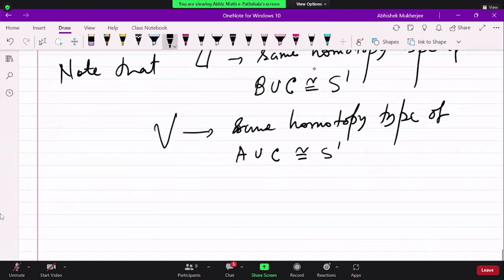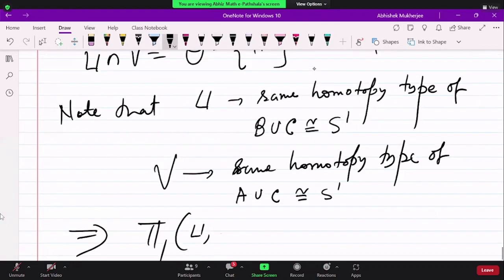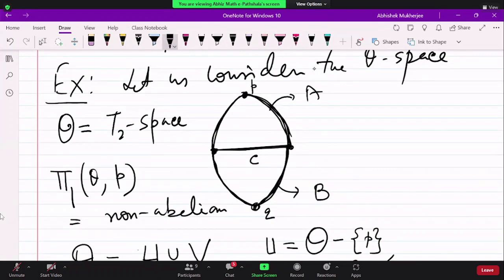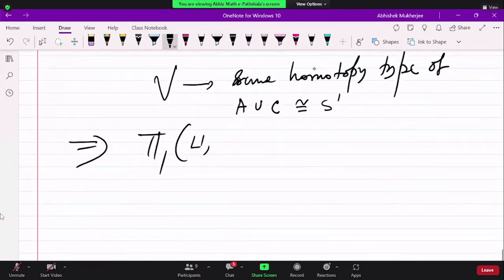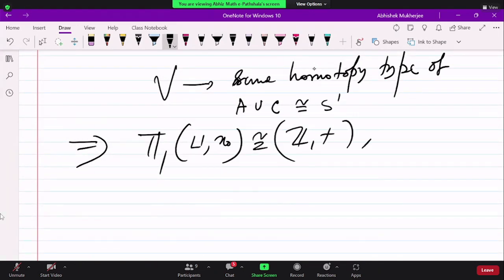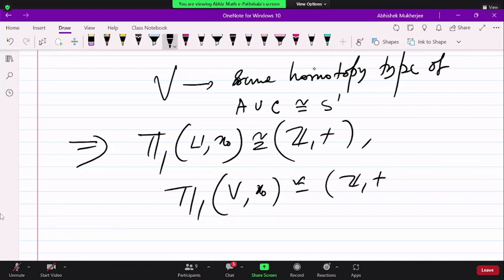And therefore the fundamental groups of U and V, let us take any point here, suppose this is your x naught, is isomorphic to Z, and this is isomorphic with Z, right?